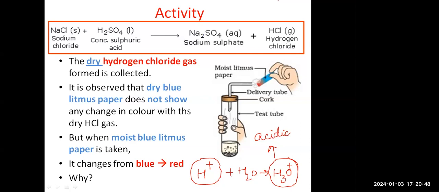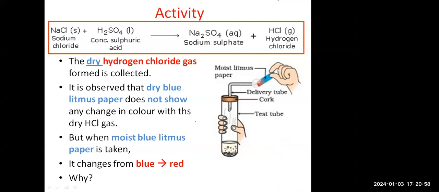If we do not get these H3O plus ions, it will not behave like an acid. So this shows the significance of water for some substance to behave like an acid.